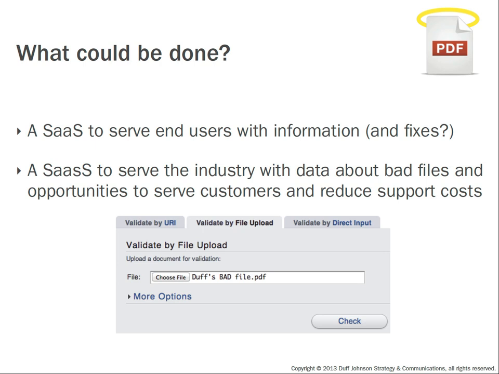And then the user might get a different message as well: your file's broken and has to be remade. There are all kinds of possibilities for managing the kinds of information that would be returned to users based upon the nature of the file they uploaded.